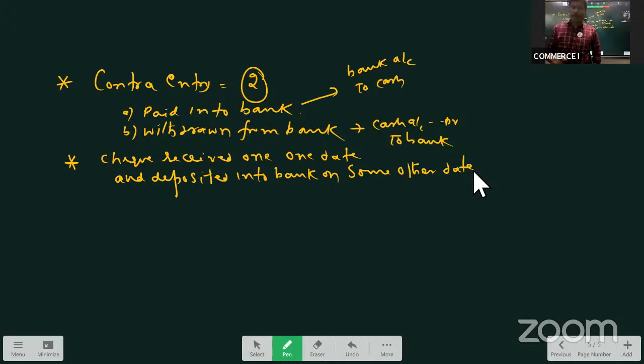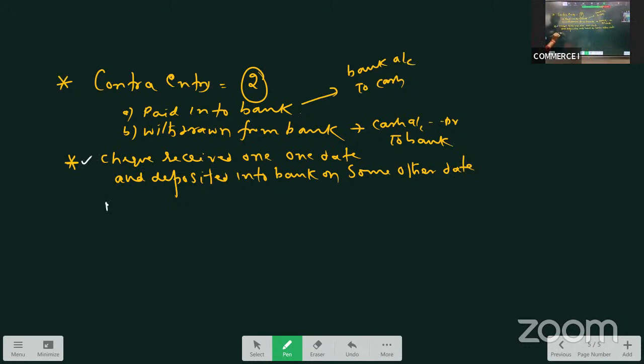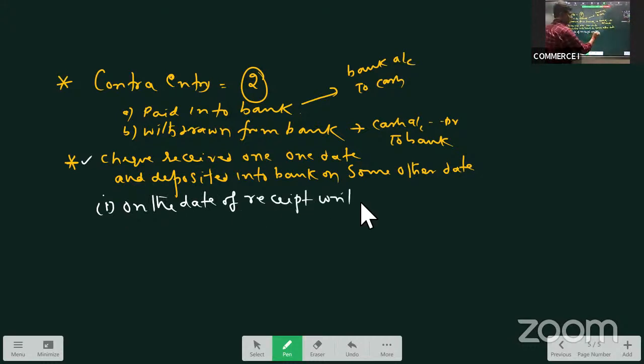But if check received is given on one date and on any other subsequent date, it is given that check is deposited into bank, it means on the day of receipt, it was not sent to bank. So what is the treatment we are giving? If this is the situation, then on the date of receipt, write the amount in cash column.